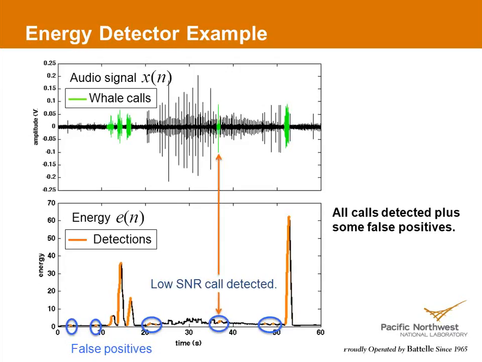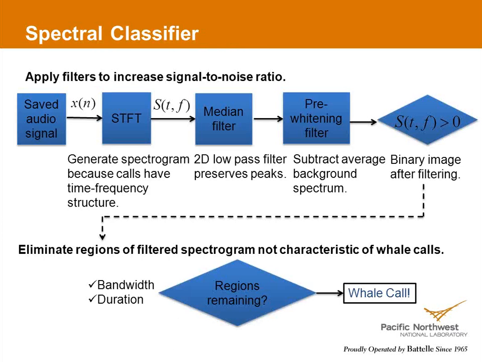You can see that the areas in green are whale calls, and the detector did successfully detect all of these calls, but it also isolated 5 other areas that were not whale calls and wrote those to storage as well. So those would be what we would consider to be false positives and would want to classify out of our detection sequence. Next slide, please.